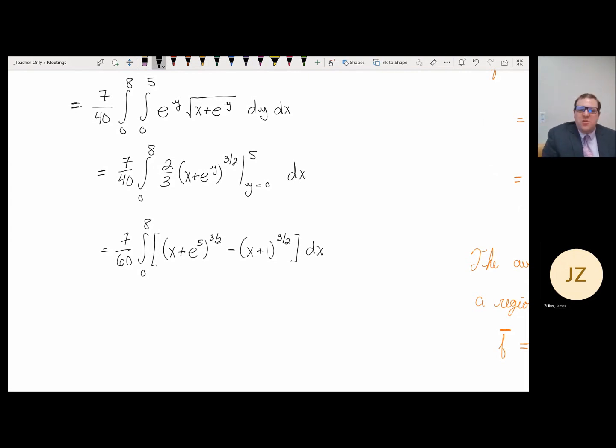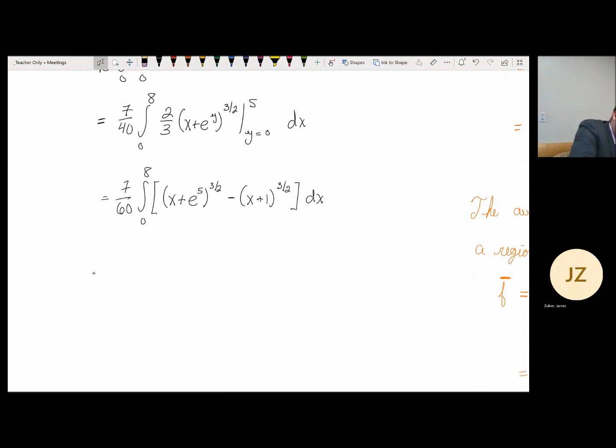Good news is both of those terms, if you look at x plus e to the 5 and x plus 1, their derivative with respect to x is 1. Both are to the 3/2 power. So when you take the antiderivative, you're going to get 2/5 as a constant for both of them. So factor out that 2/5.